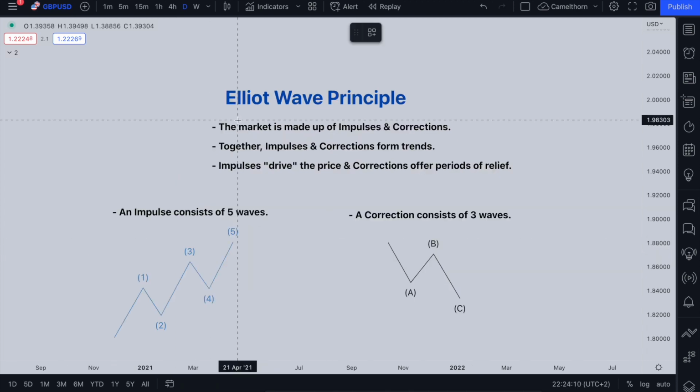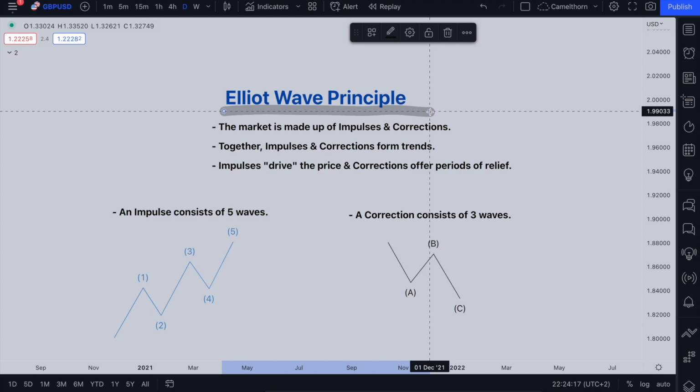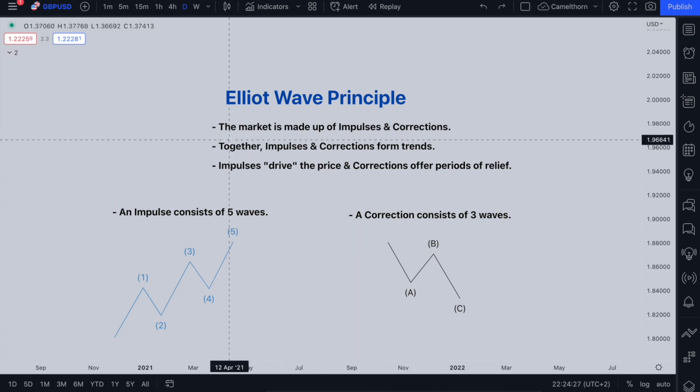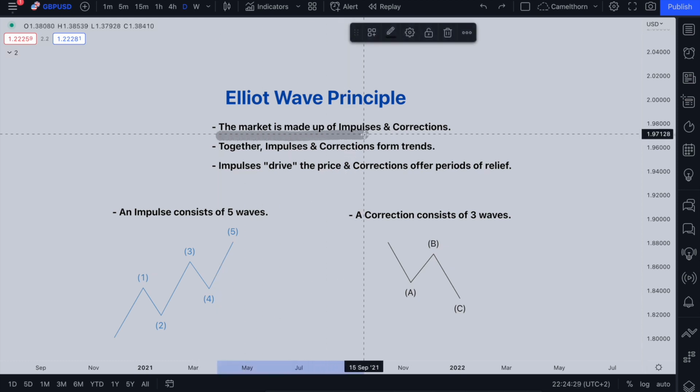Some of you might be familiar with this particular concept. Some of you might not be, but it is the Elliott wave principle. This is one of the oldest theories that exist in the trading industry. All right. And essentially what the Elliott wave principle states is that the market is made up of a series of impulses and corrections.